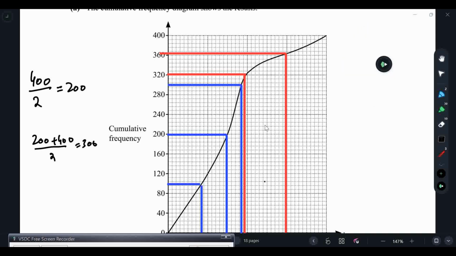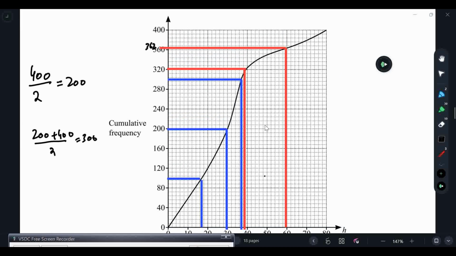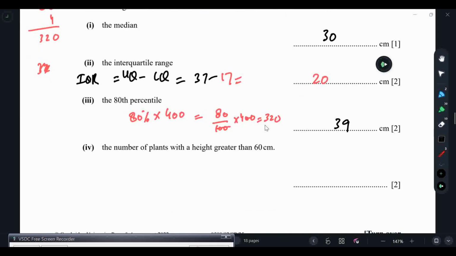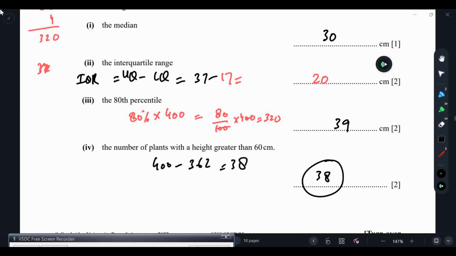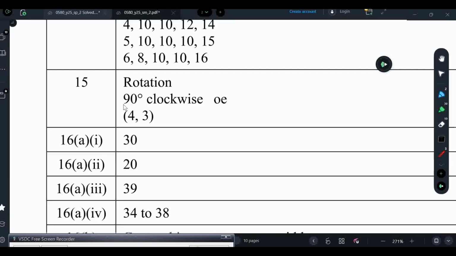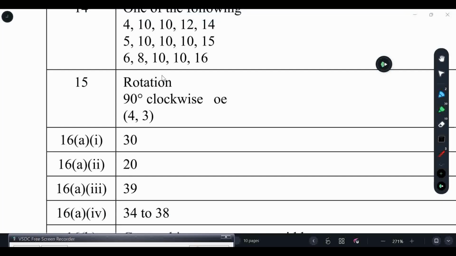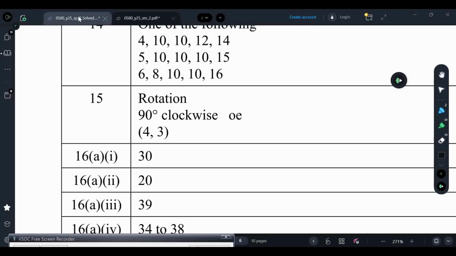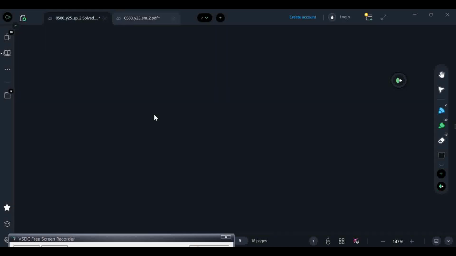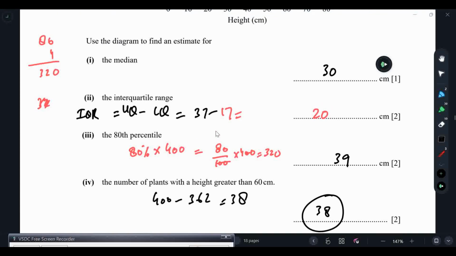It's almost 362, so 400 minus 362, the answer will be 38. Let's see the answer in the marking scheme. Yes, it's 34 to 38. And the answers for the previous ones are 30, 20, and 39.